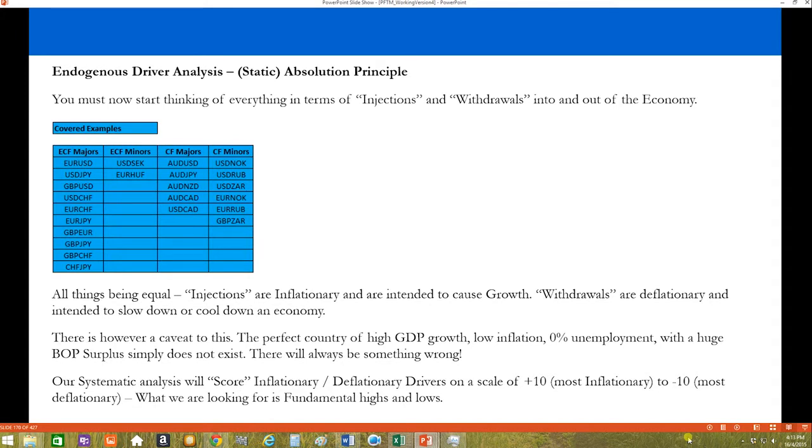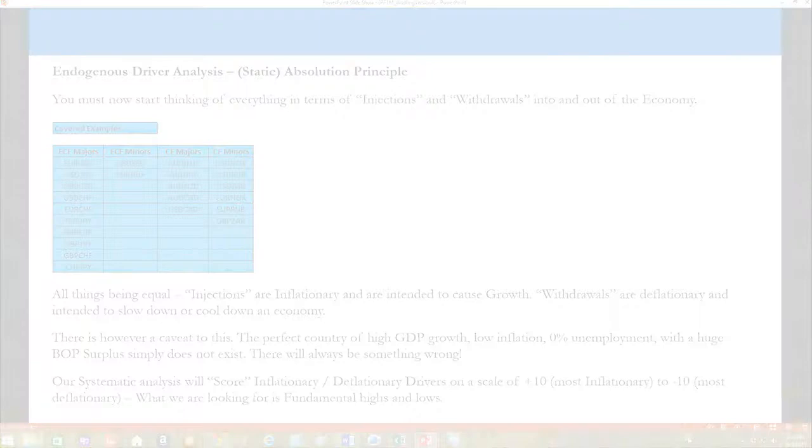And that score is going to be dependent on whether the driver gives us an inflationary or deflationary signal. And the scale we use is going to be from -10 to +10. And +10 is going to be the most inflationary, and -10 is going to be the most deflationary. And what we're looking for is fundamental highs and lows.